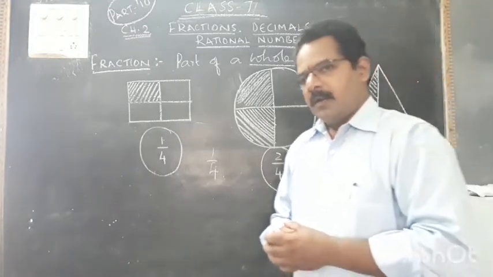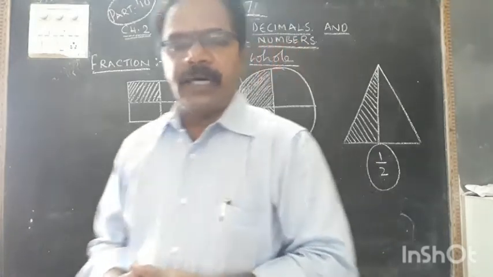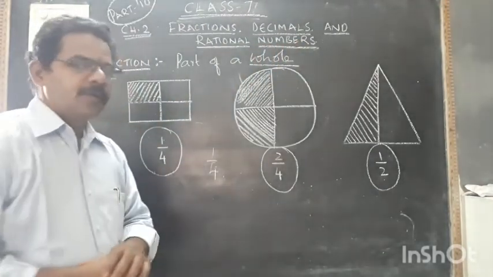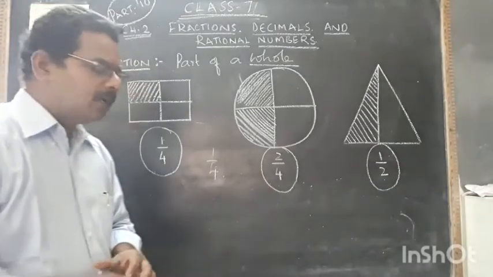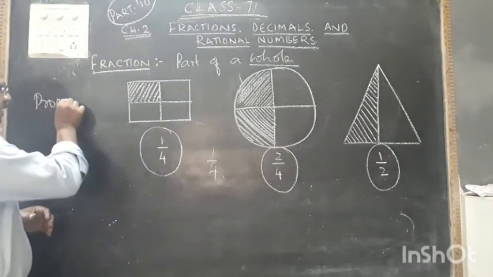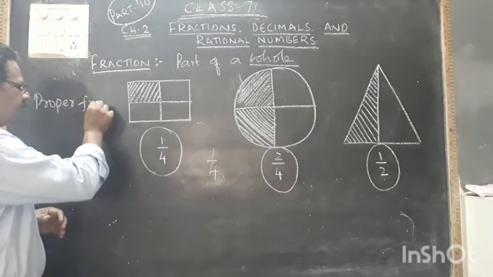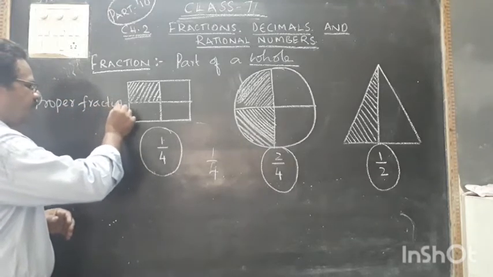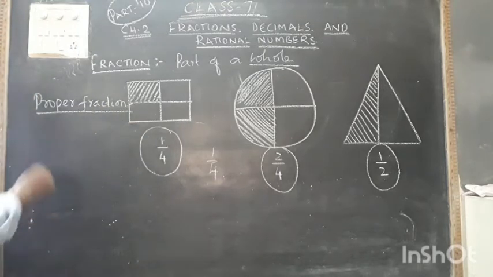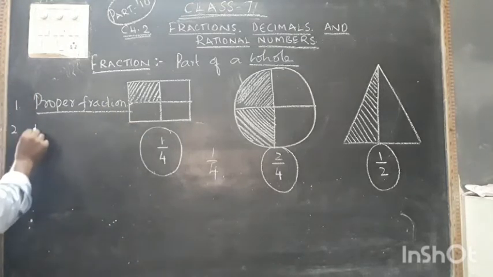Then here we have different types of fractions. The first one we can take is called proper fraction. The second one is improper fraction.